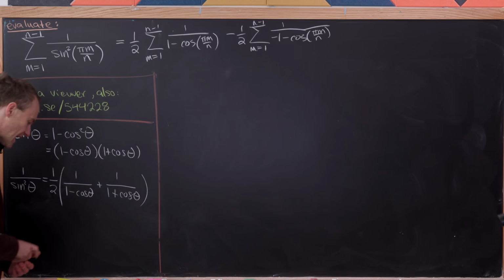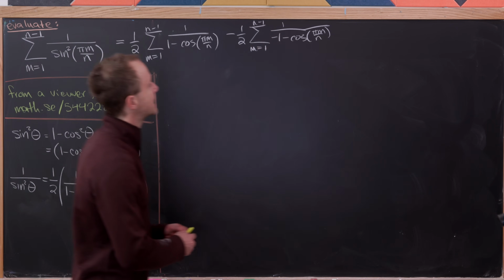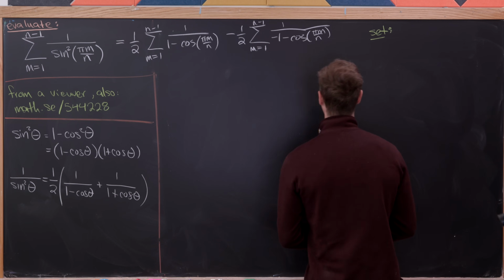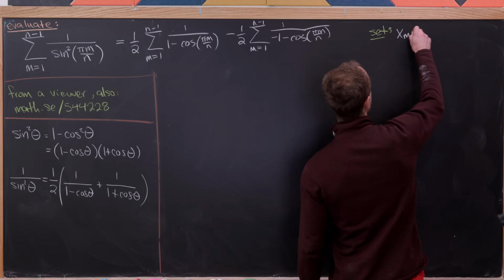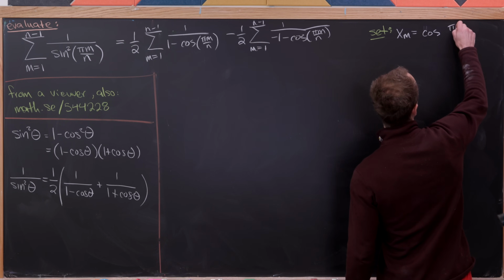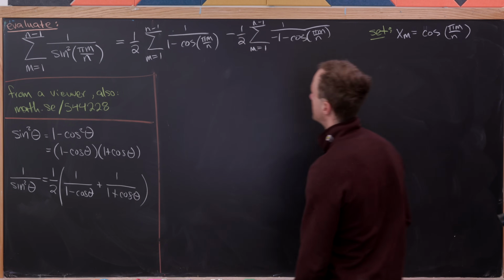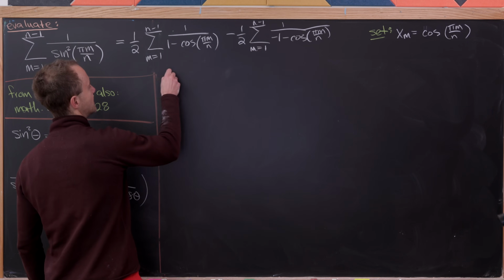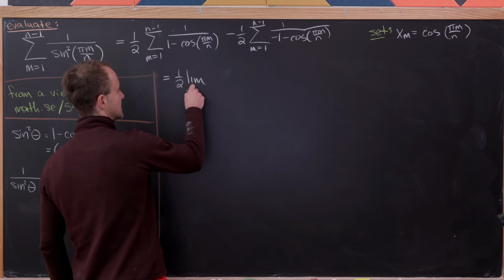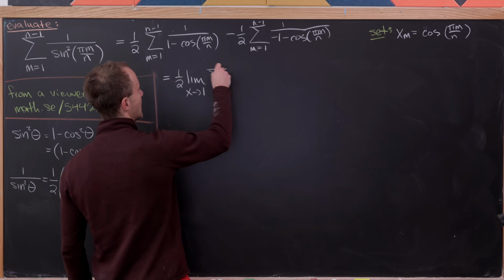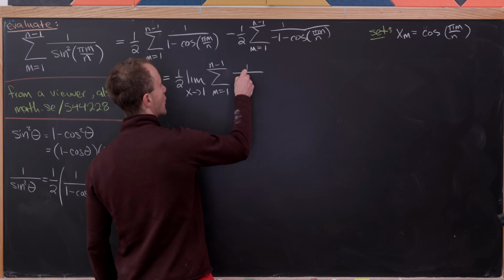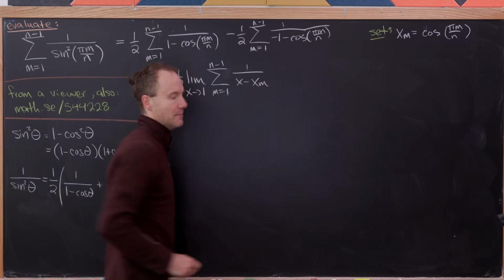Okay, great. Next up, I'm going to introduce a little bit of notation. Let's set x sub m equal to cosine of pi m over n. And then that allows us to write this as follows. We have 1/2 times the limit as x goes to 1 of the sum as m goes from 1 to n minus 1 of 1 over x minus x sub m.